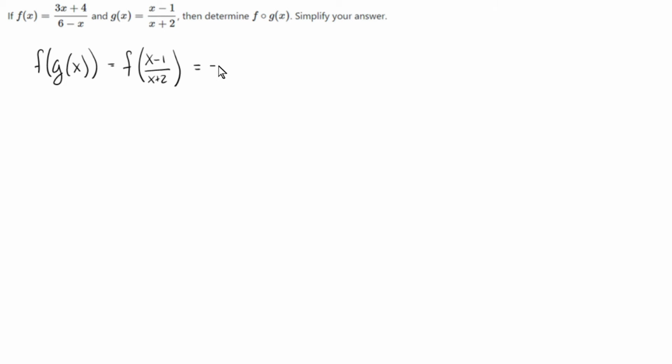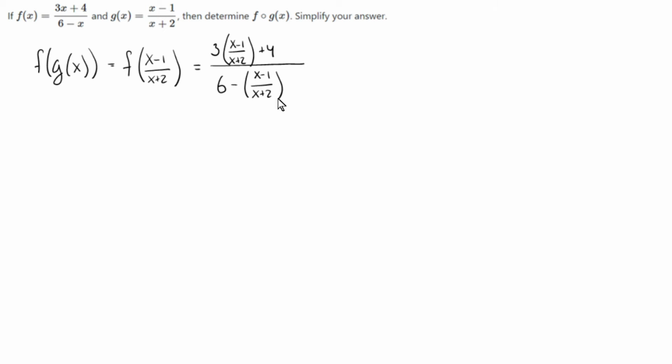Okay? So it's going to be 3 times (x − 1) over (x + 2), plus 4. And then in the denominator, it's going to be 6 minus x, which is (x − 1) over (x + 2).